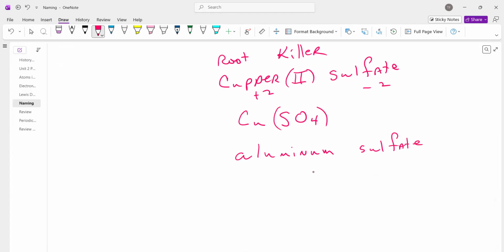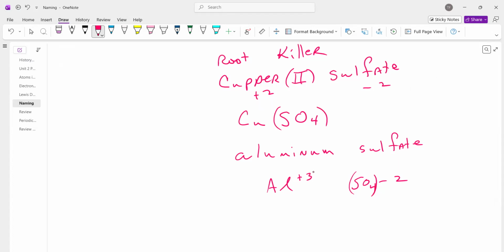Let's do aluminum sulfate. So right away, I'm going to tell you it's ionic because aluminum, what's the charge in aluminum? +3. Sulfate we know is -2. Okay, what do we do now?